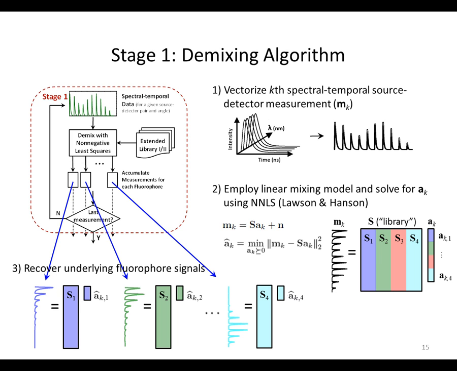And once I do that, I recover my underlying fluorophore signatures by taking each section of my combining coefficient vector and multiplying it times the appropriate section of the matrix. And I loop through, I do this for all of my measurements, and in the end, as I said, I have a measurement set for each fluorophore, which I can then go ahead and reconstruct individually in the second stage.